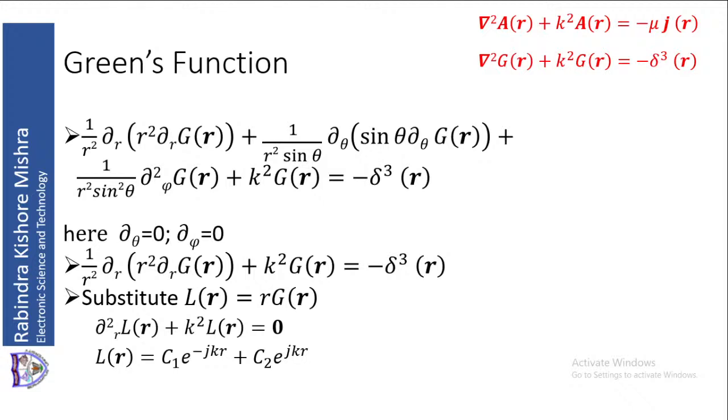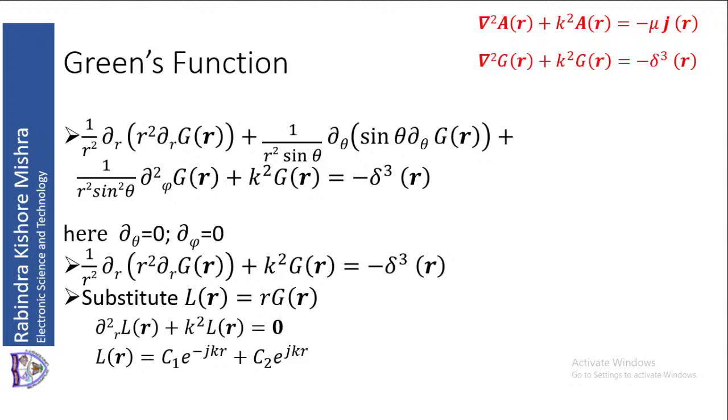Then we will get 1/r² ∂²/∂r² of r G(r), that becomes ∂²L/∂r², plus k² L, which will be equal to 0 when we are considering the homogeneous part of this. That will be equal to 0 everywhere except at r equal to 0.